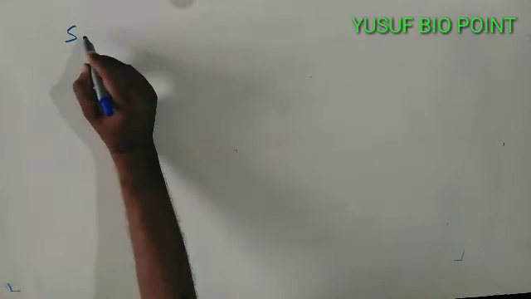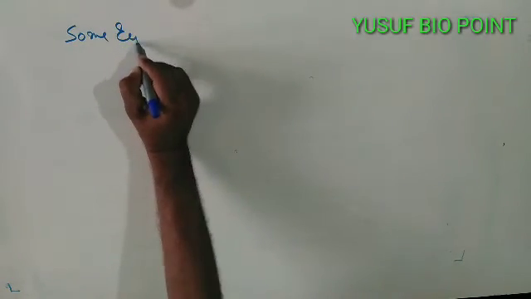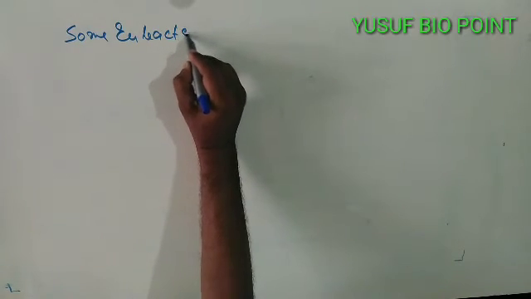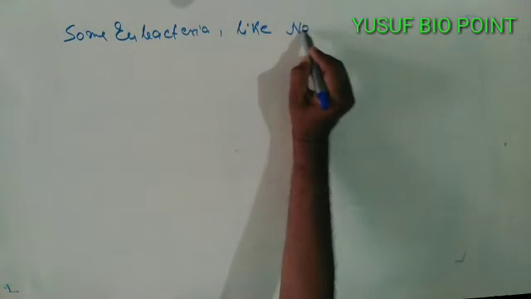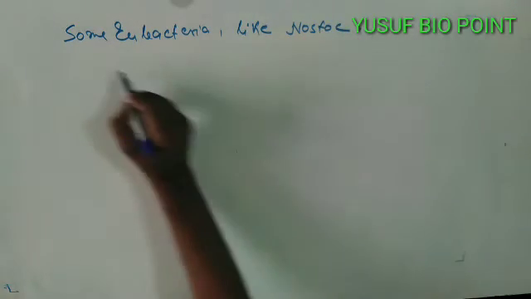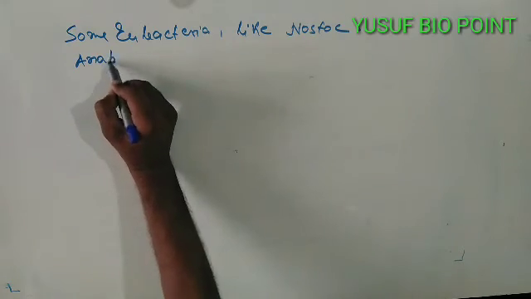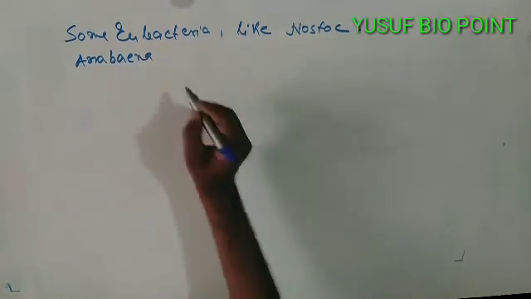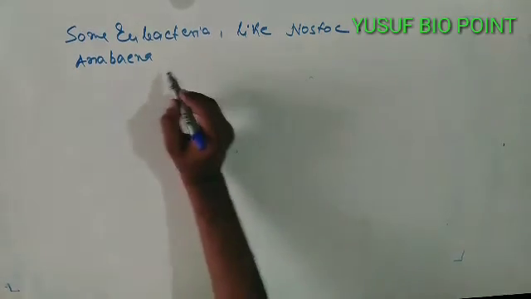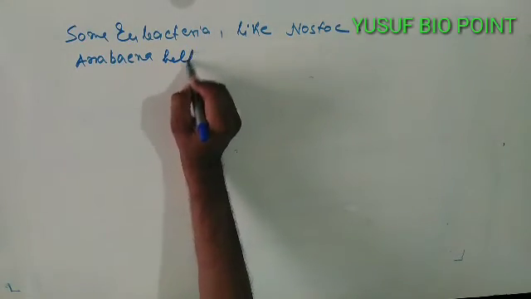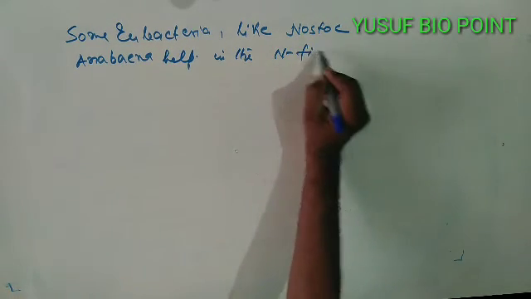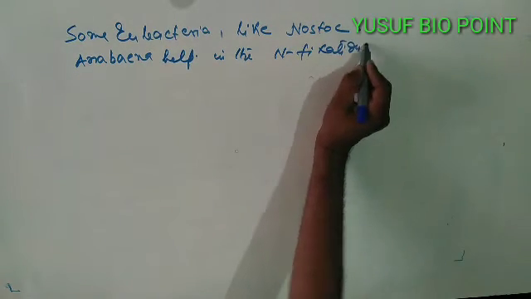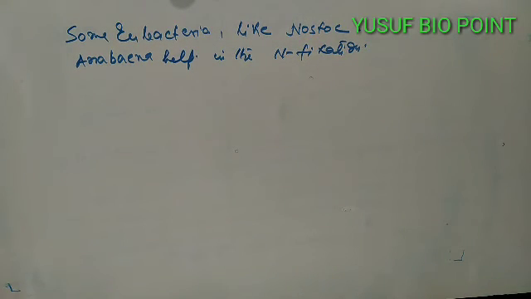Some eubacteria like Nostoc and Anabaena contain heterocysts and help in nitrogen fixation. So these are some photosynthetic bacteria which are found in the eubacteria.